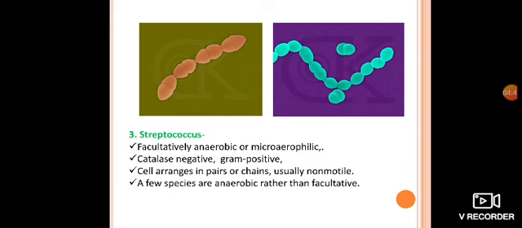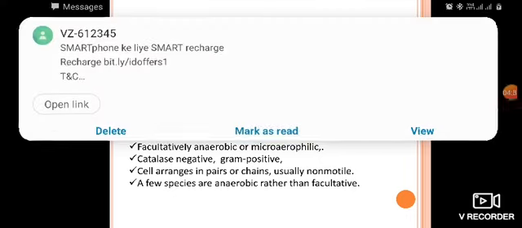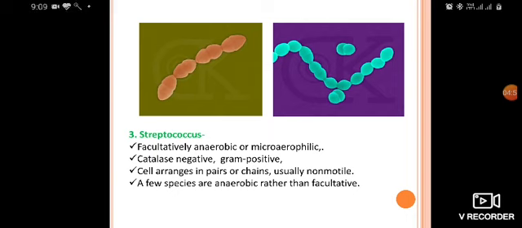If we want to distinguish between streptococcus and staphylococcus, the first point of distinguishing is aerobic and anaerobic. Streptococcus are anaerobic as well as microaerophilic, but staphylococci are only anaerobic.